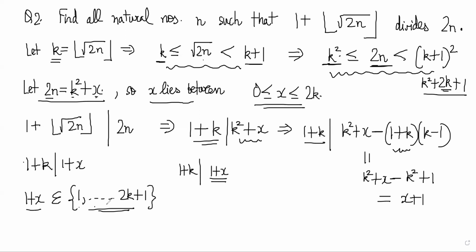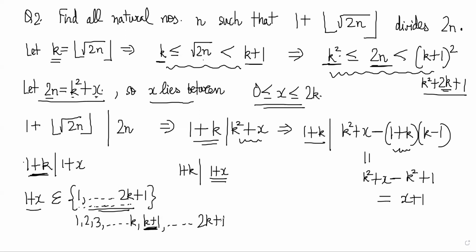So which numbers in this set will be such that they are divisible by k plus 1? The only number in this set 1, 2, 3, k plus 1 till 2k plus 1, divisible by k plus 1 is k plus 1 itself, right? Because k plus 1 times 1 is k plus 1.